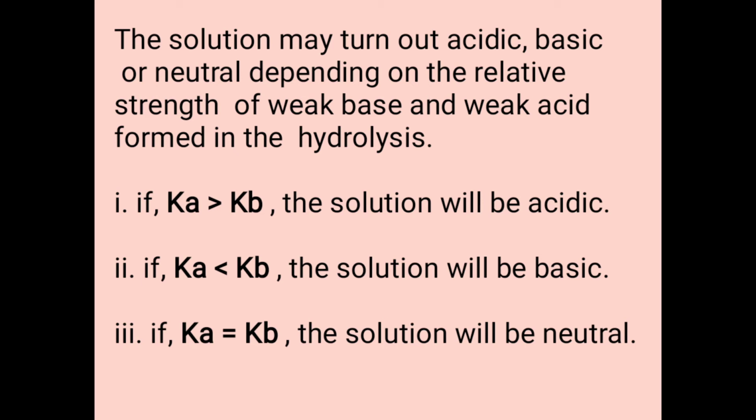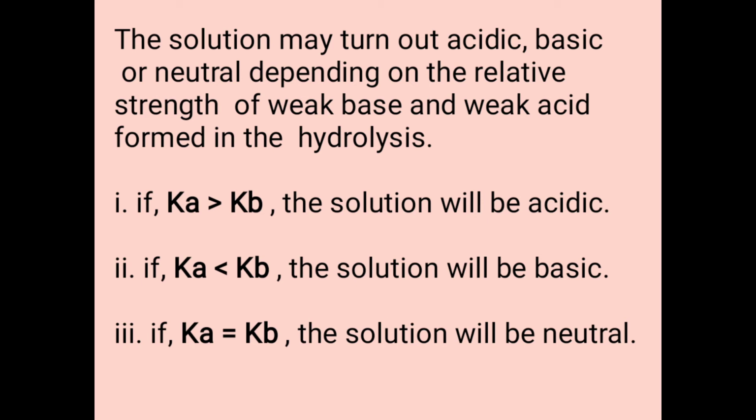First condition: the dissociation constant of acid, that is Ka, is greater than dissociation constant of base, that is Kb, then the solution will be acidic. So if the dissociation constant of acid is greater than the dissociation constant of base, then the solution is acidic. Second condition: dissociation constant of acid is less than dissociation constant of base, then the solution will be basic.